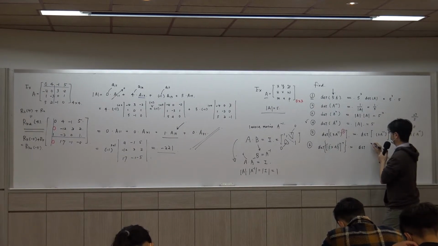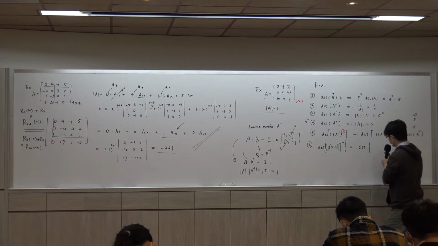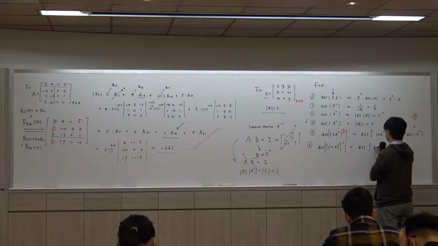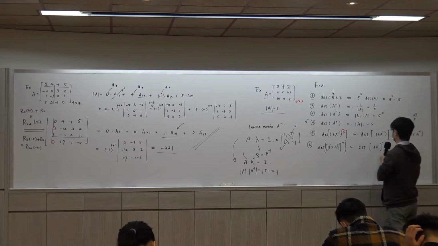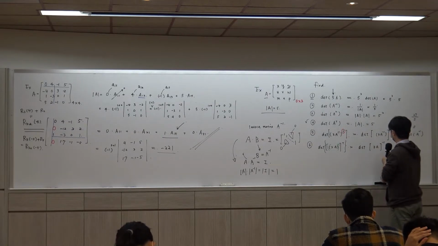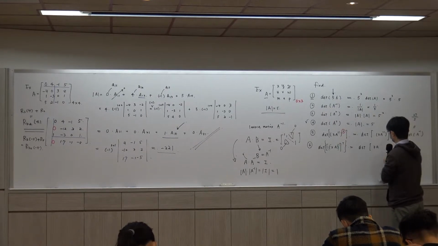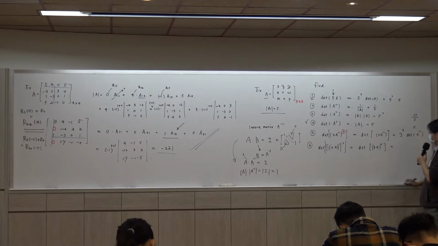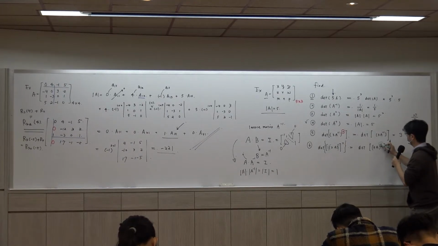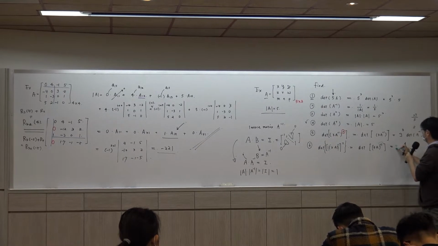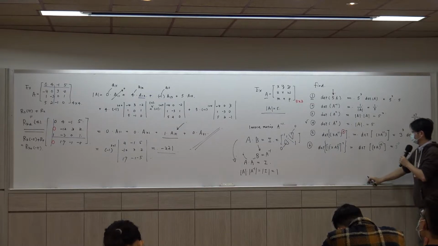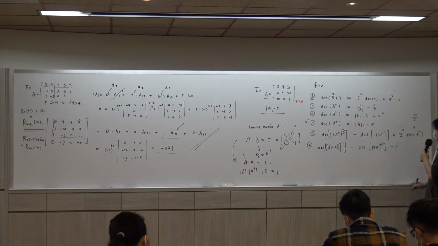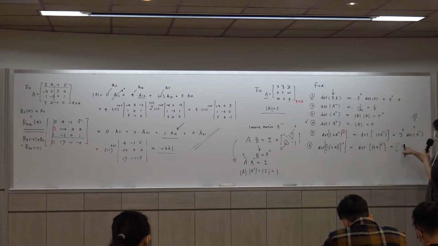So we can have, compared with example number 5, the constant could be 3 to the minus 3.